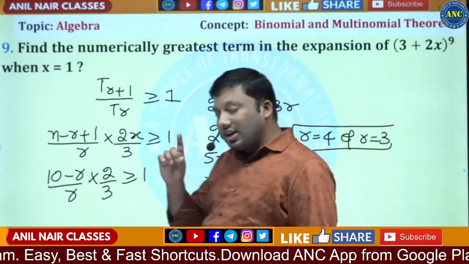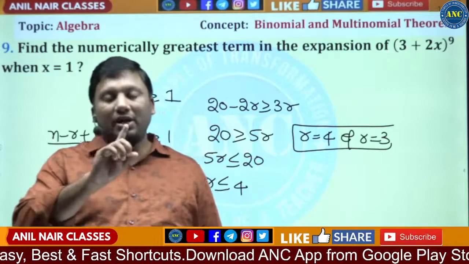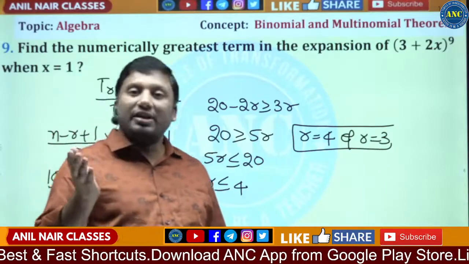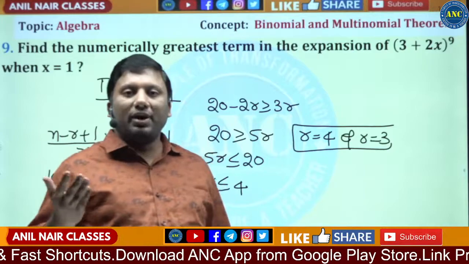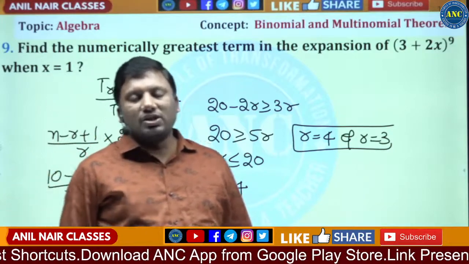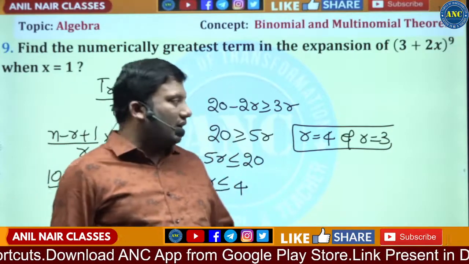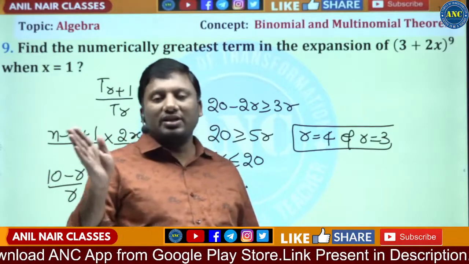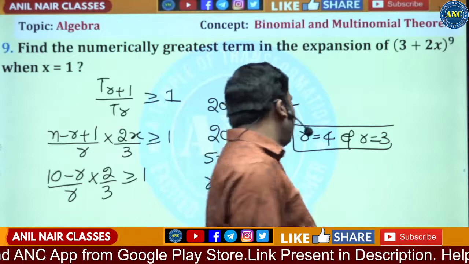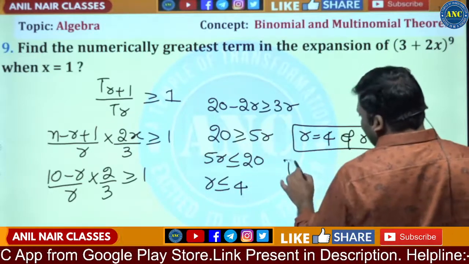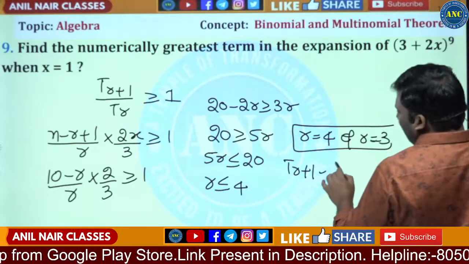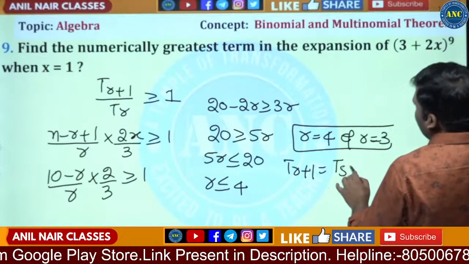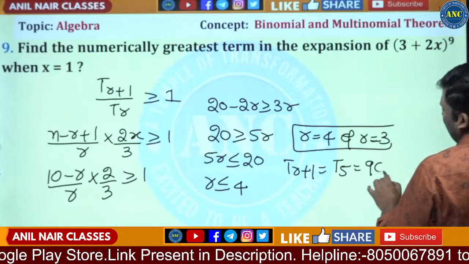I told you that the greatest coefficient might not be only for one single term, it can also be for two. Example, (x plus y) whole square is x square plus 2xy plus y square. (x plus y) whole cube is x cube plus 3x square y plus 3xy square plus y cube. 3 and 3 are matching. So from here T(r+1), this is T5. So this will be 9C4.